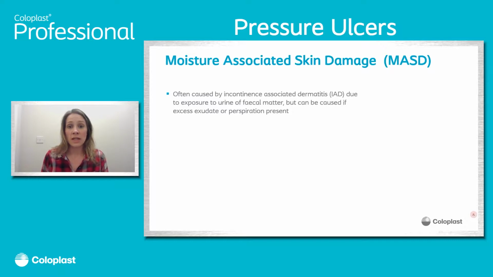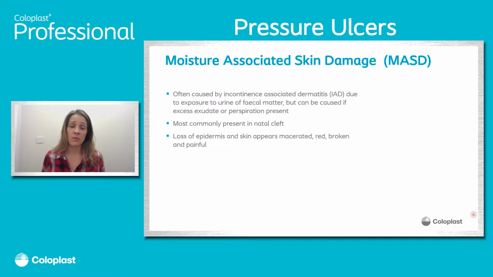So moisture-associated skin damage. I've touched on it briefly throughout the presentation, and quite often it's caused by incontinence-associated dermatitis. So that constant exposure to urine or fecal matter, or possibly even sweat that somebody might experience, and it really can cause skin damage.